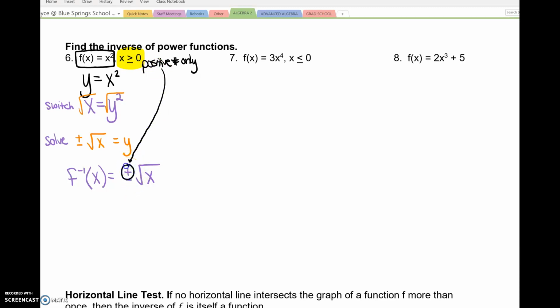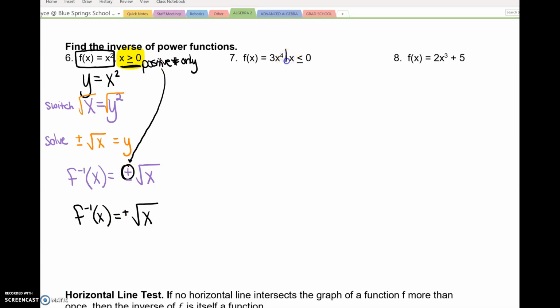So that little statement is saying that the inverse is going to be the positive square root of x. You can write that positive in there, but you don't have to. So in number 6, they said positive numbers only, and we only used the plus sign in the plus minus.